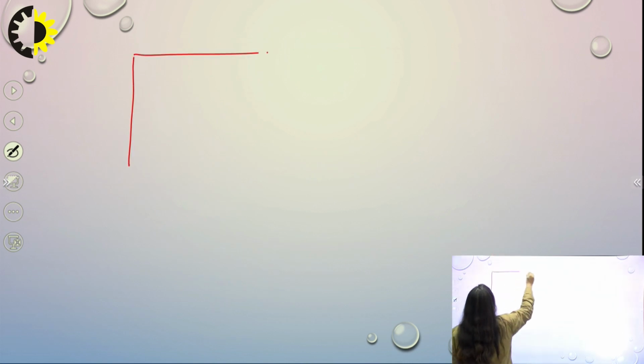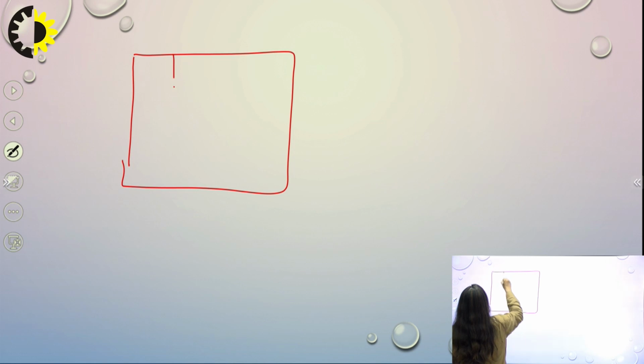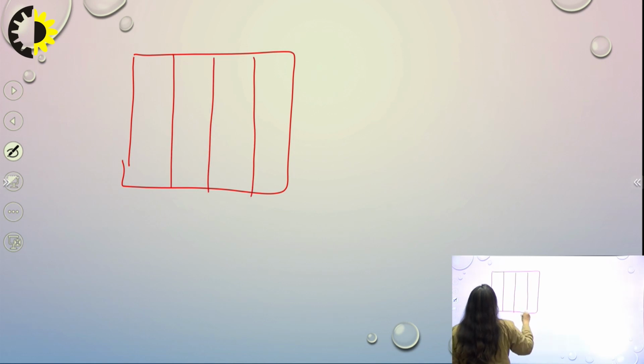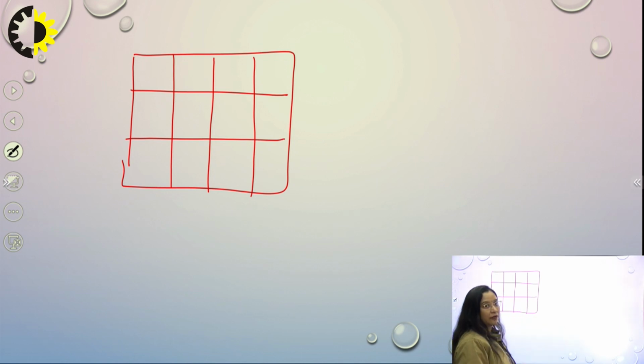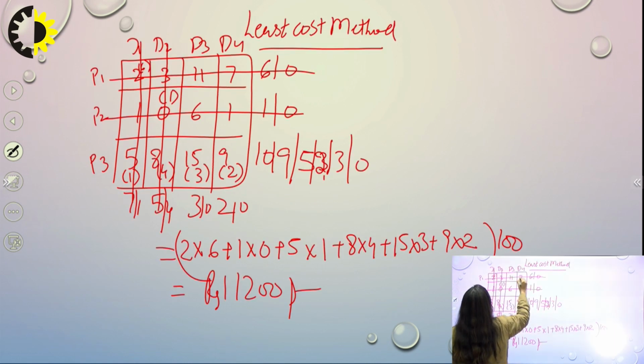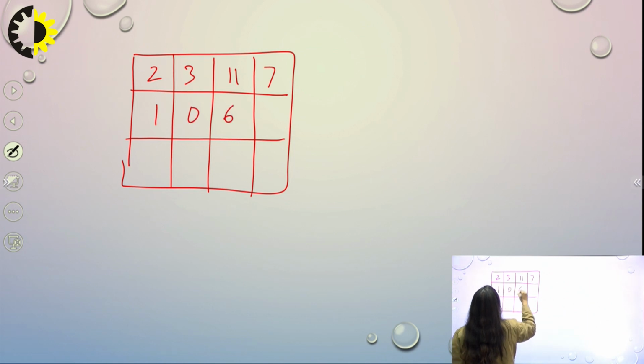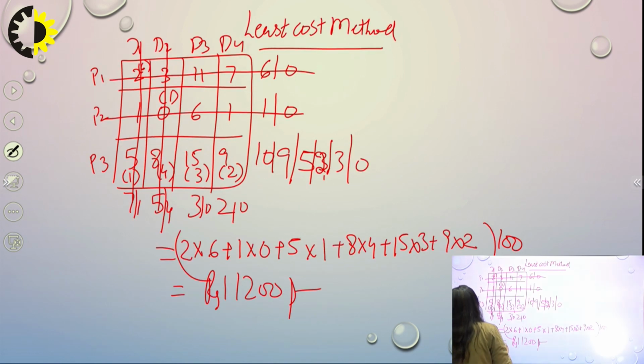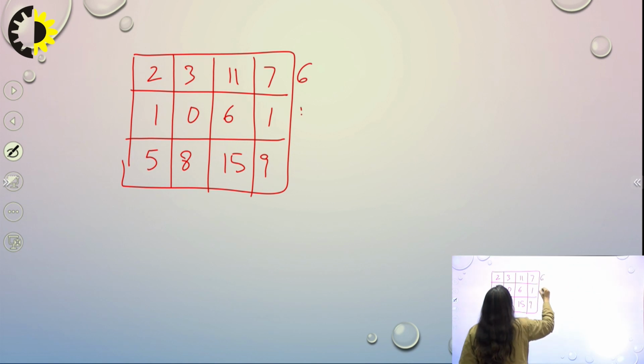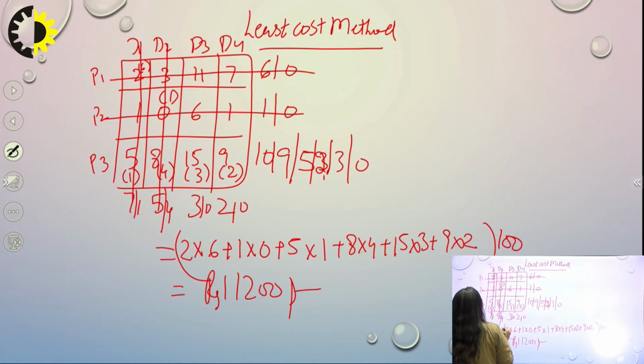I will take a similar example. As I told you, I am taking the same example again and again so that there is a comparison between all these 5 methods. Now, 2, 3, 11, 7, 6, 1, 0, 1, 5, 8, 15, 9, and the supply 6, 1, 10 and demand 7, 5, 3, 2.